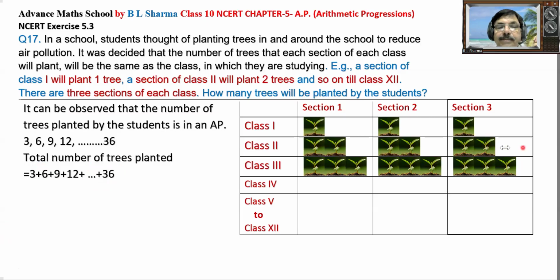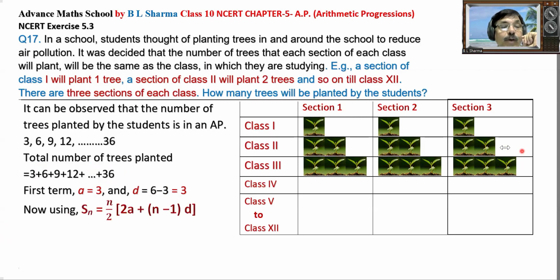First term is 3. Common difference is 3. And the number of classes, there are 12 classes, so n will be 12. 1 2 3 4 5 6 7 8 9 10 11 12 क्लासेस हैं, तो n का वैल्यू यहां पे 12 होगा. सो नाउ रिप्लेस द वैल्यू ऑफ a and d.